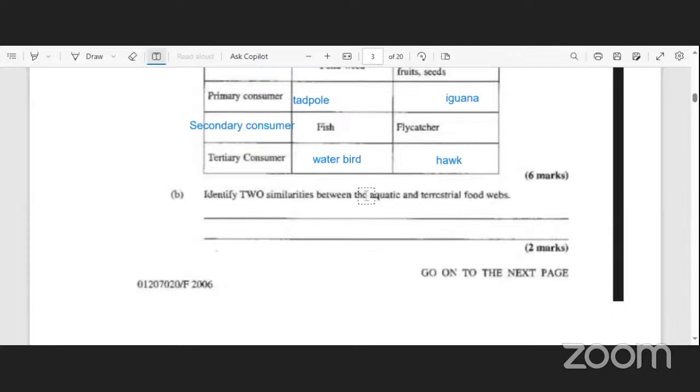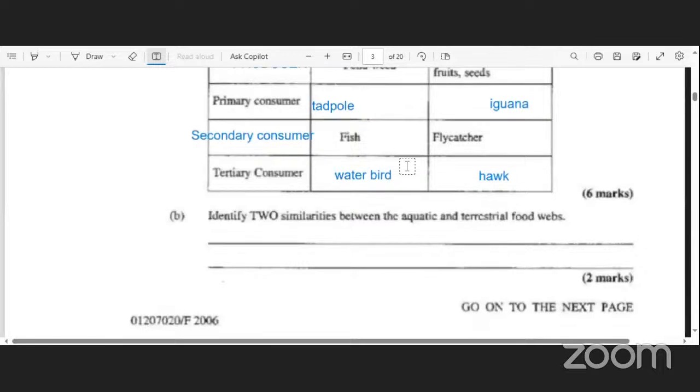Okay, moving on to the next question. I'm going to zoom it in a bit now so that you guys can see the question.